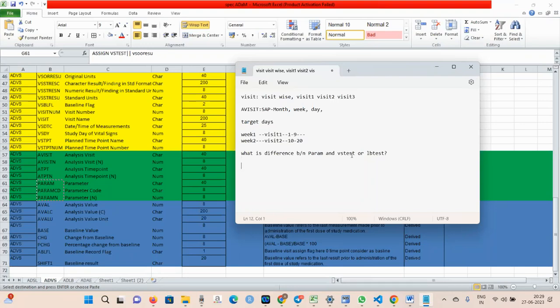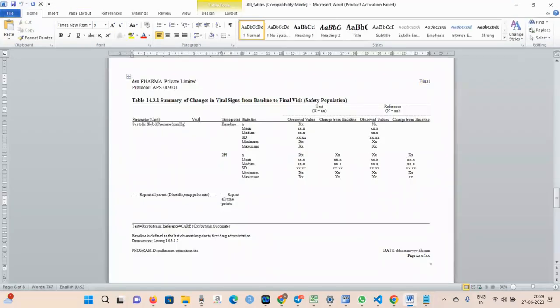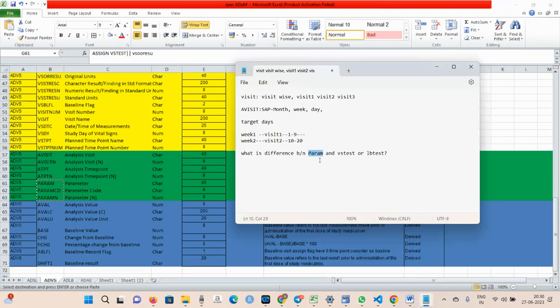So the VSTEST or LBTEST, whatever it is, there would be no units attached, but the PARAM you will have to attach the units. Okay, that's the difference. So here you can see the parameters: you have a VSTEST and the units in another parentheses. So based on this mark you have to concatenate this. The units will be common for PARAM.